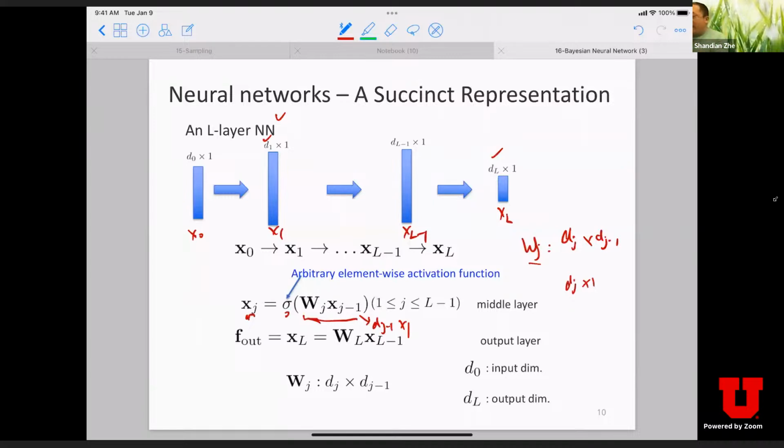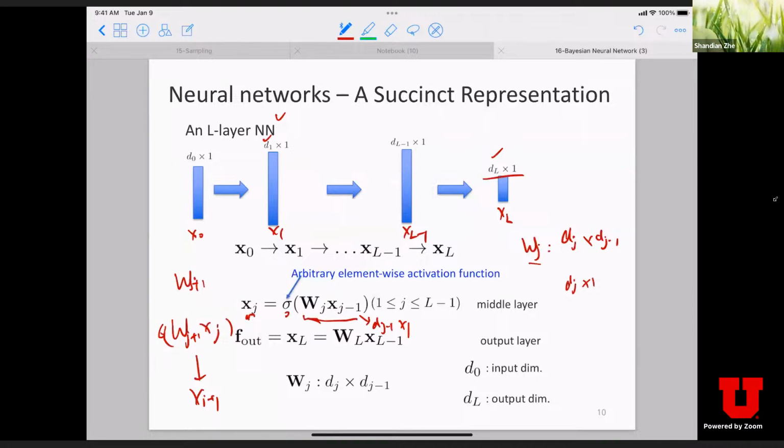And then you use Xj as the input to layer j plus 1. You first do a linear transformation, that is Wj plus 1 times Xj, and then you apply the nonlinear activation function, and you get Xj plus 1. You just keep doing this until you arrive at the last layer.